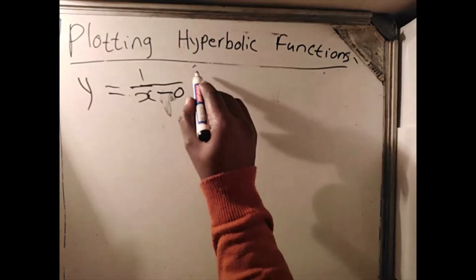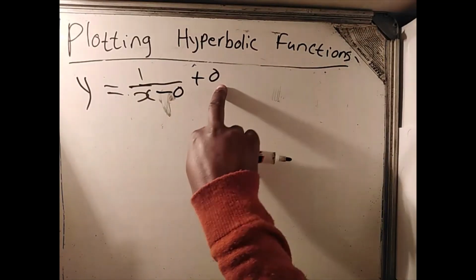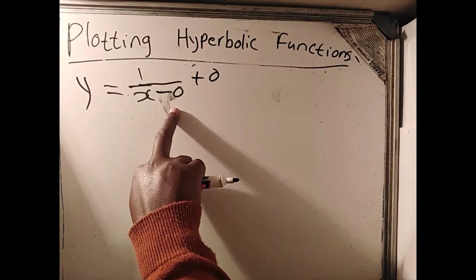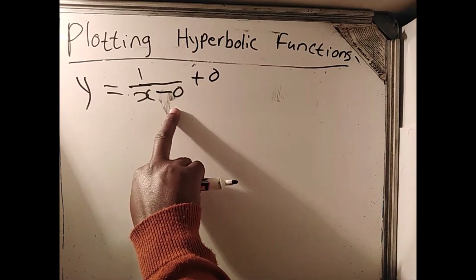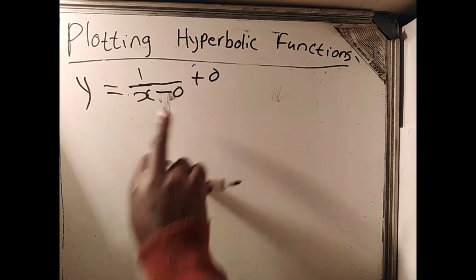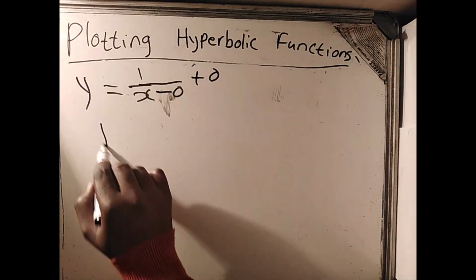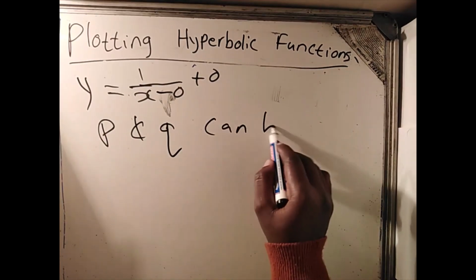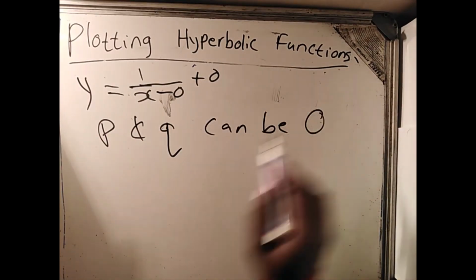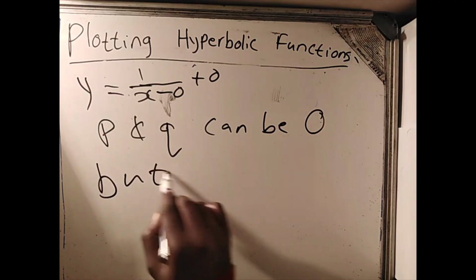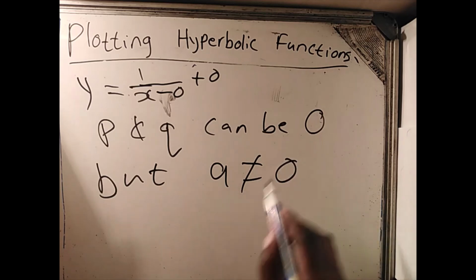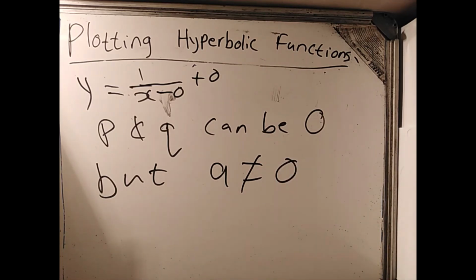That means our q is 0 and our p is 0. Another thing that is important, guys: p and q can be 0, but a can never be 0. Otherwise, that will not be a hyperbolic function.